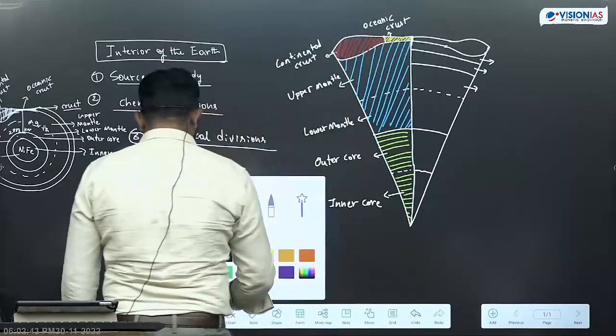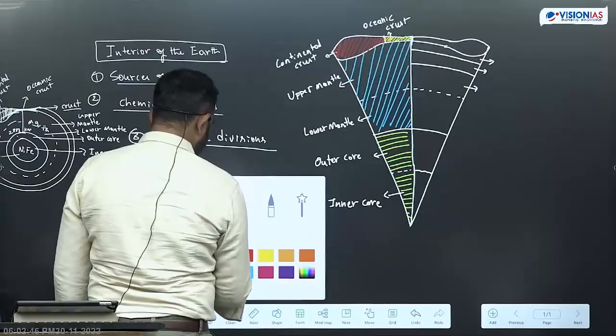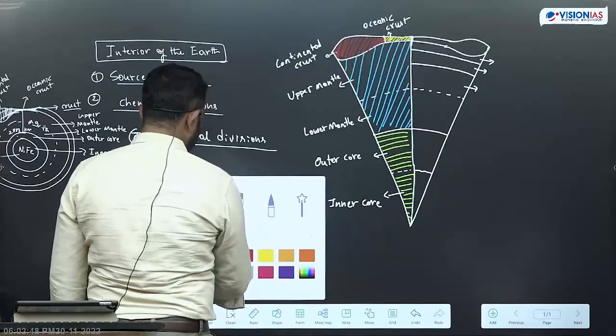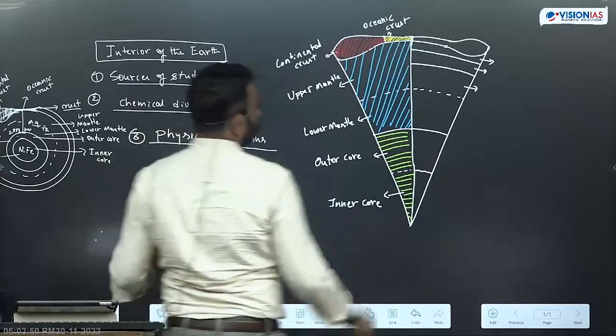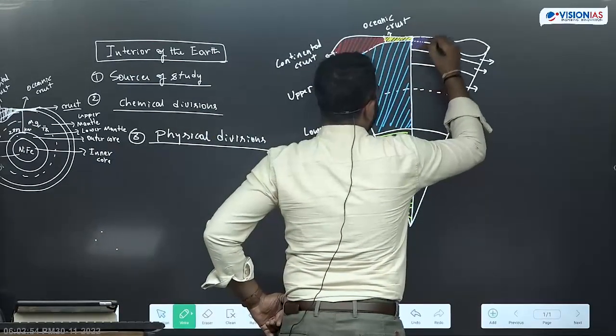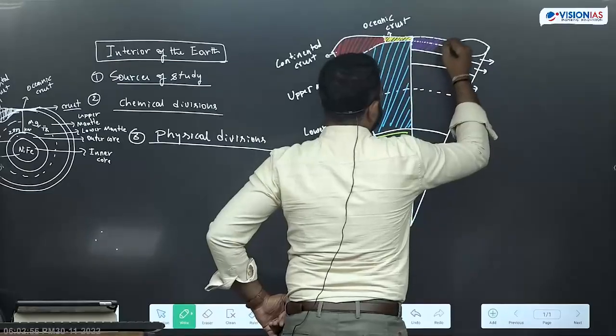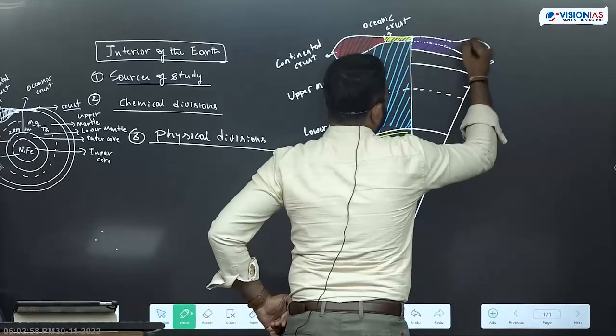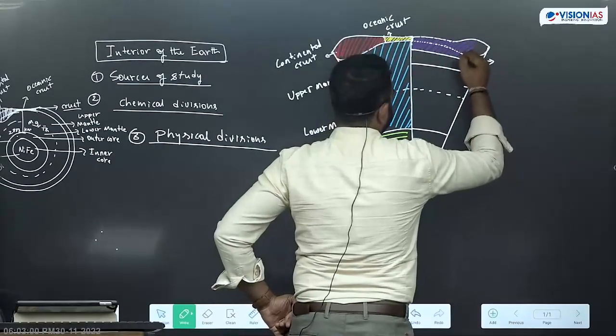Even though chemically they are different, physically the crust and the uppermost part of upper mantle are attached together as a single unit.